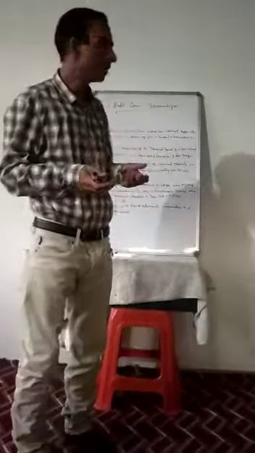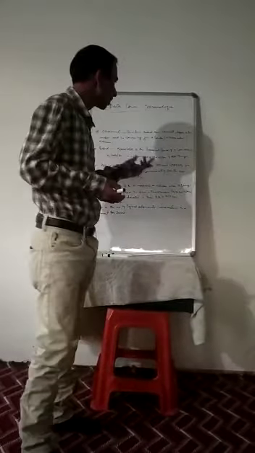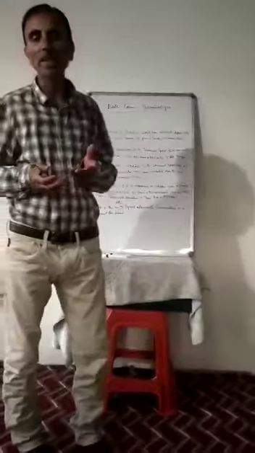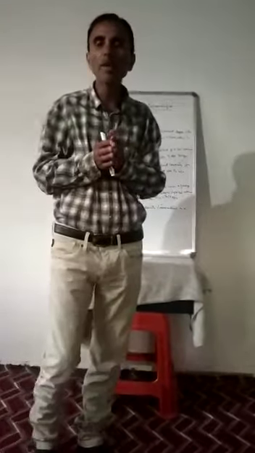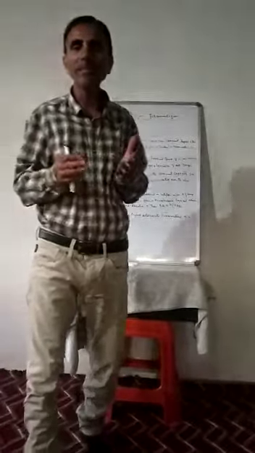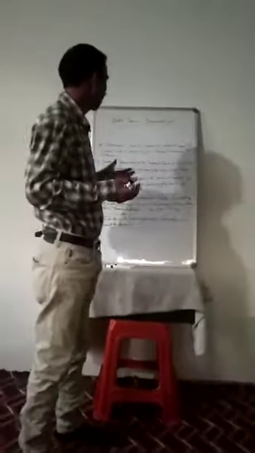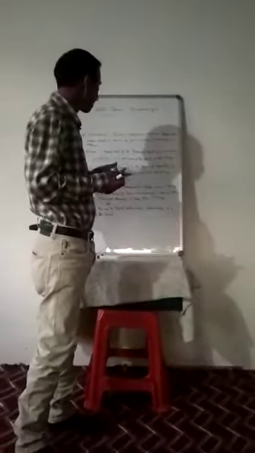The next one is baud. Baud is the transmit speed of a communication channel. It is the speed of a communication channel. How much speed the channel is having, it gives us the baud. It is given in bits per second.